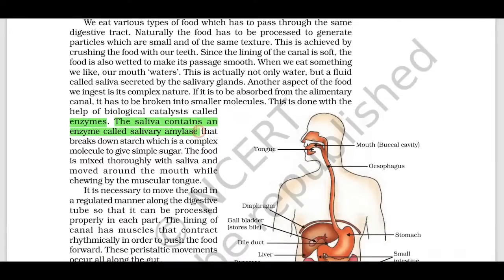Salivary amylase, that breaks down starch into simple sugar. In one of the exams, the question has been asked: the chapati tastes sweeter when it is chewed. Give reason. Because chapati contains starch, and when salivary amylase acts on it, it is converted into simple sugar.